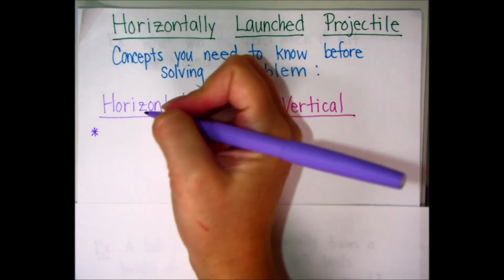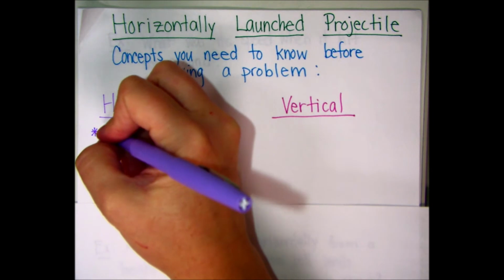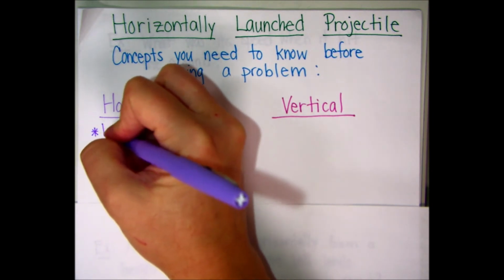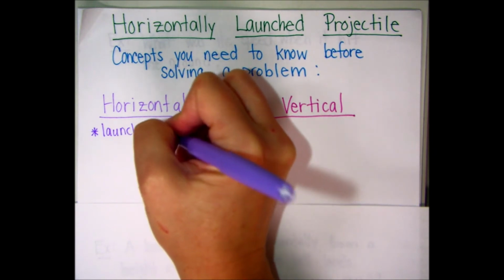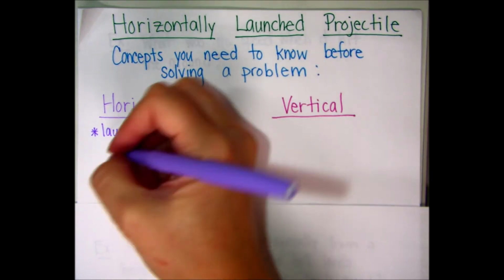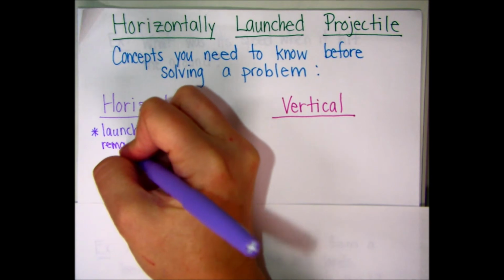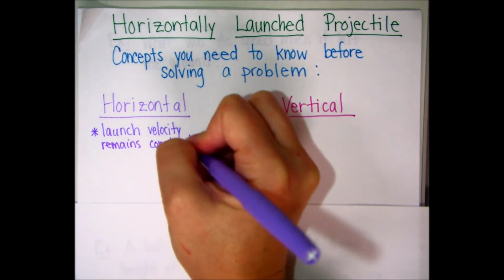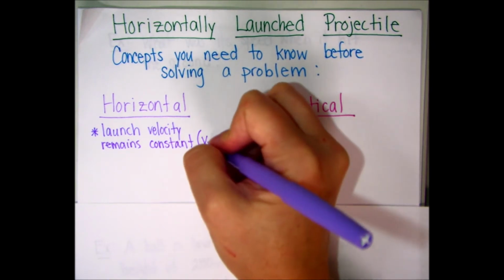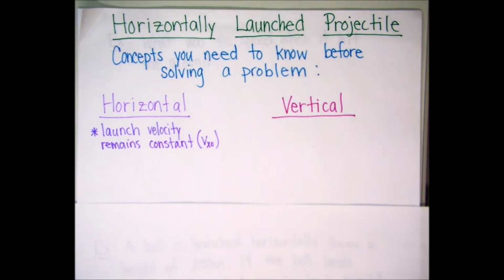The first thing is that the launch velocity remains constant. And that's your horizontal initial velocity.